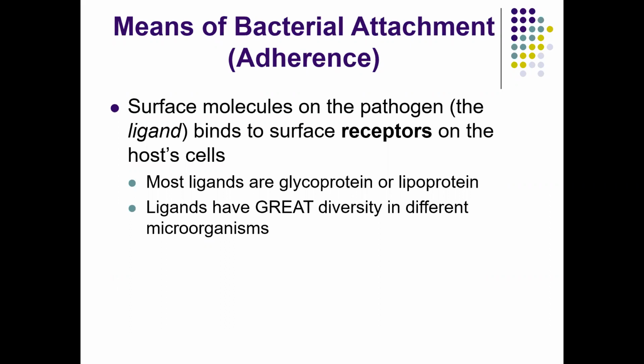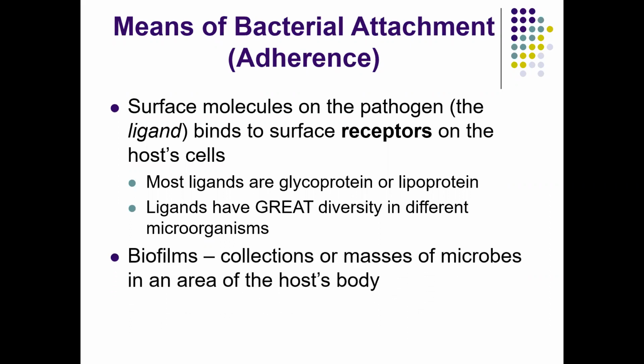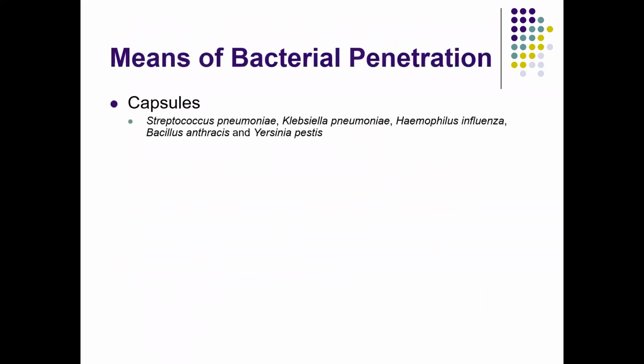A ligand is a molecule on the pathogen that binds to the receptor, and that's what allows the bacteria to basically grab onto our cell. All right, so know the definition of a ligand, a receptor, biofilm. Not a huge part of the test at all. Just a couple of vocabulary words, nothing too crazy, okay?